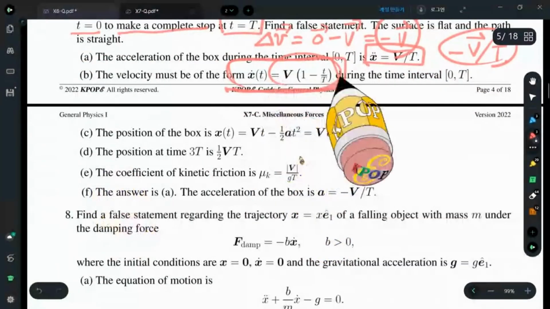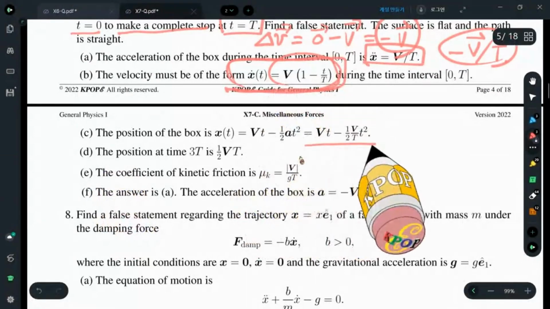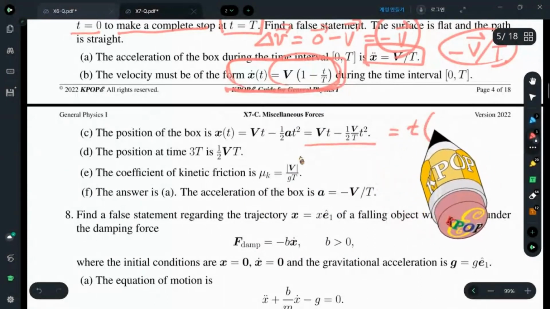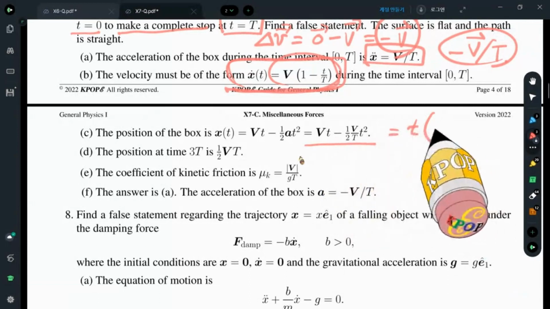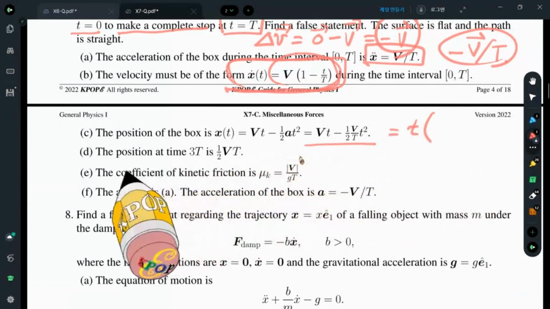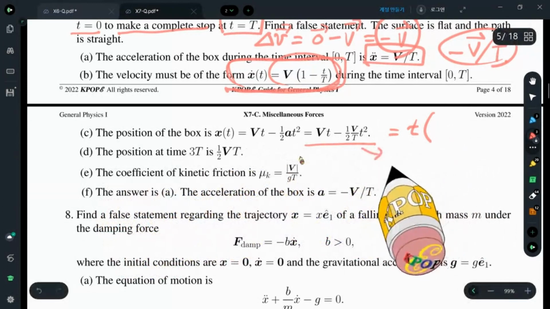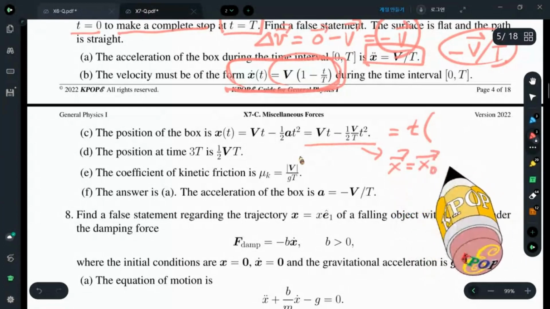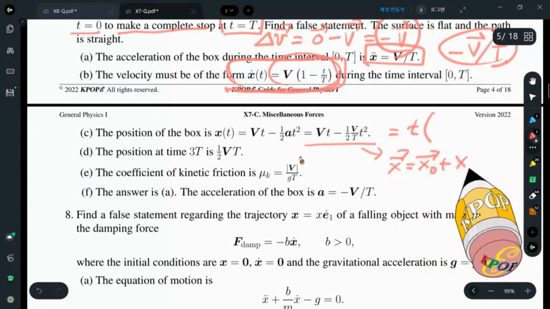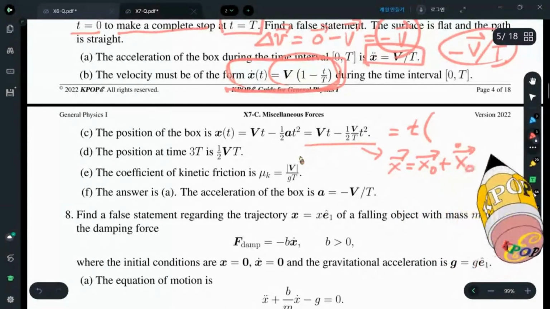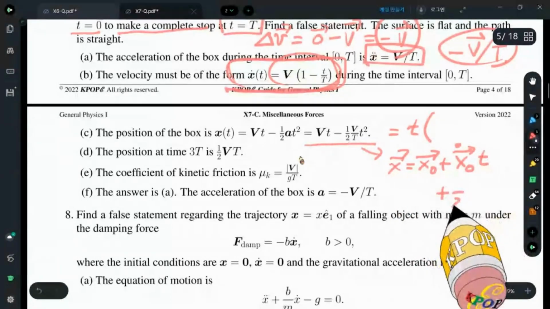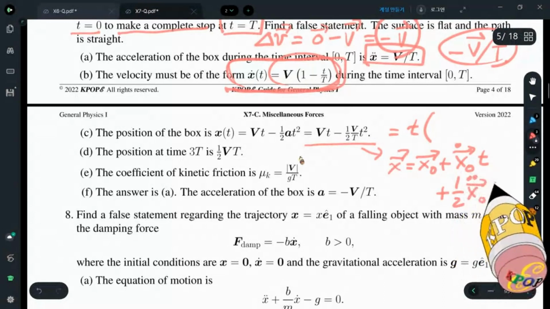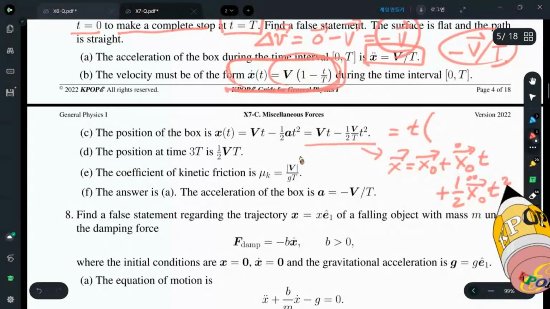And if I integrate this one more time, you'll find this. You can factorize this over a factor of T, and the V is also factored out. You remember x equals this one, this is constant acceleration motion.